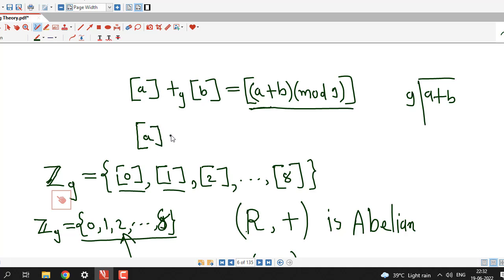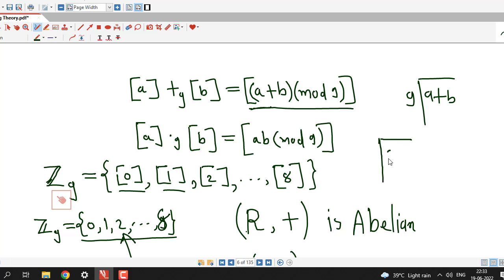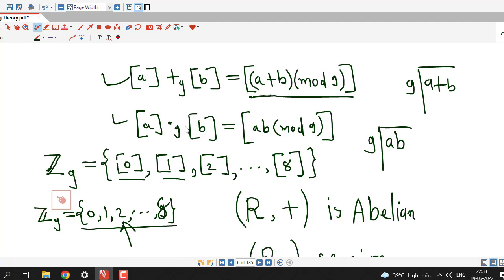Similarly, multiplication modulo 9 is defined as the equivalence class ab modulo 9. So here we will write the equivalence class generated by the remainder when a into b is divided by 9.